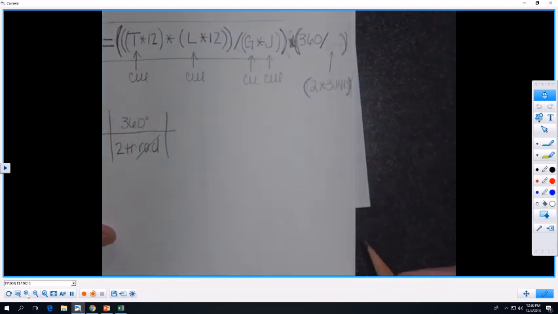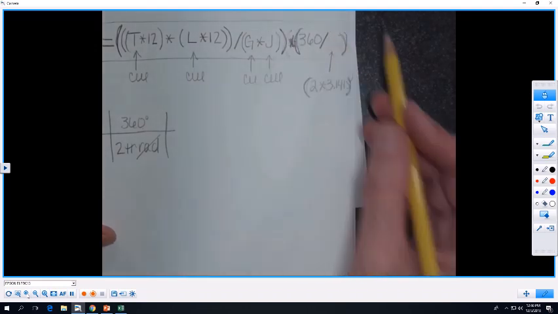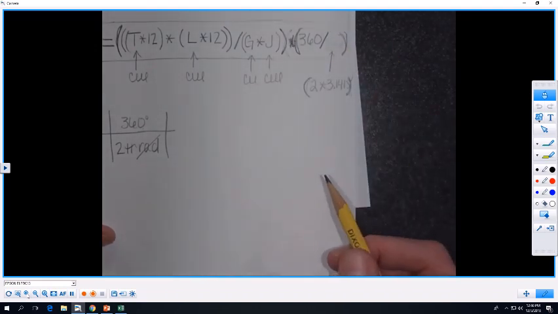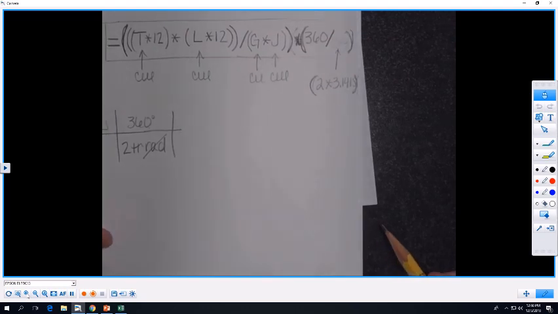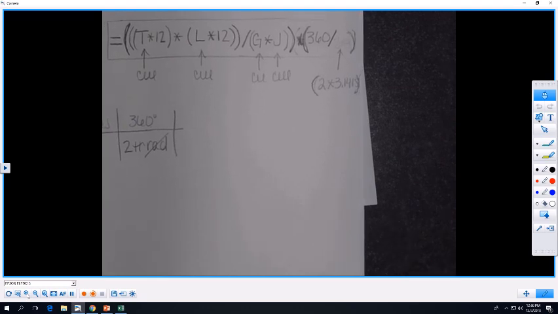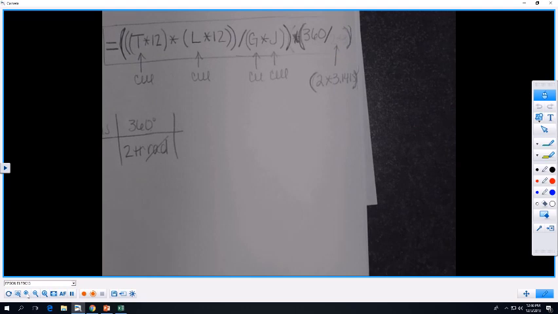Does that make sense to everybody? Can you kind of see what's happening there? When we input it into the spreadsheet, I think you'll see that. All right, let's go to Excel and see how we're going to put this in.